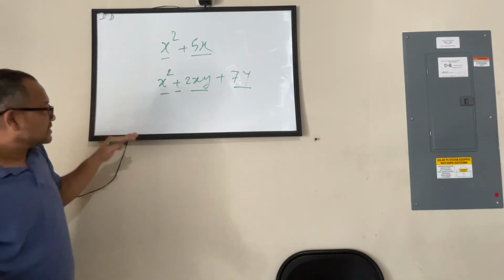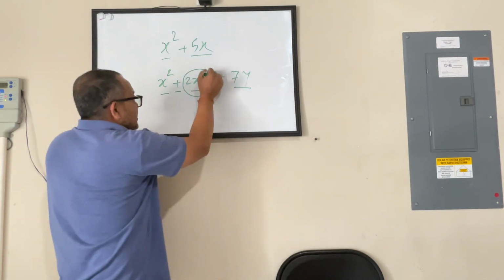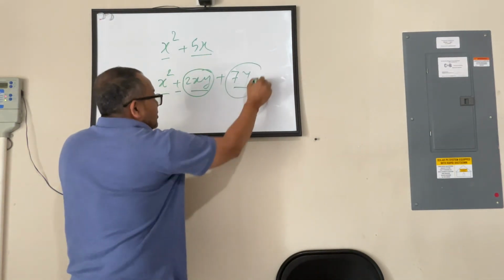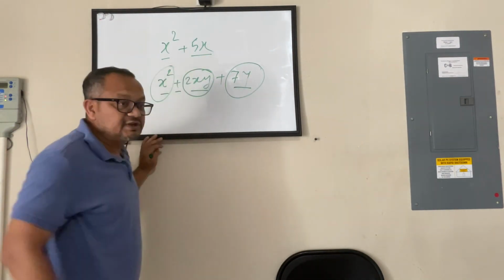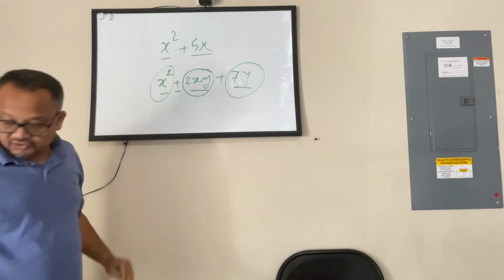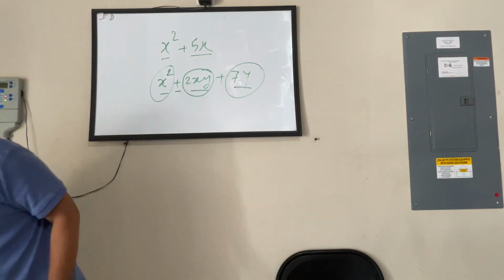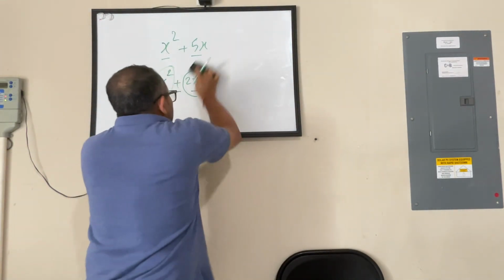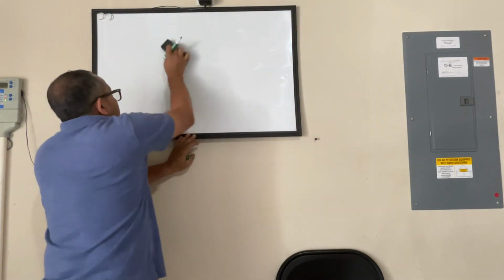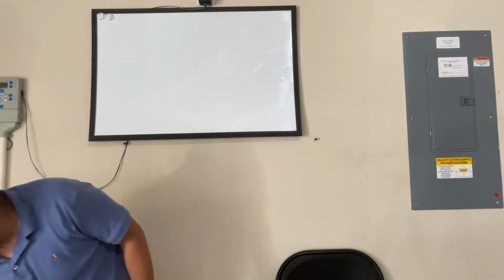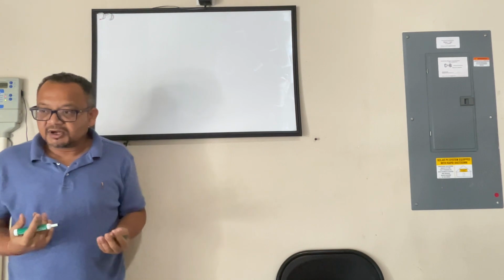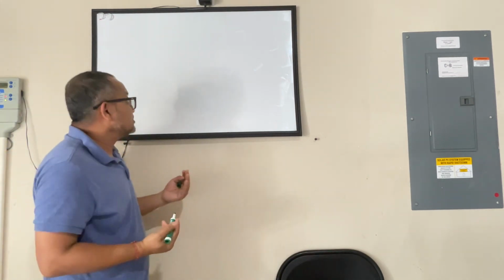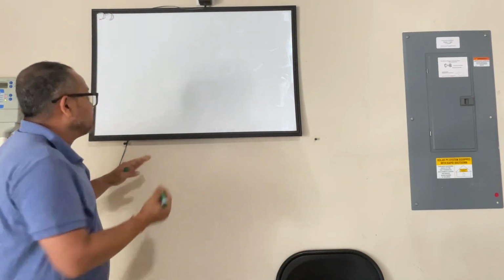This is called one term, this is called one term, this is called one term. So here we are talking about 3 terms. So function is nothing but a way to represent a variable with a certain number of terms without an equal to sign. It just shows a relationship.